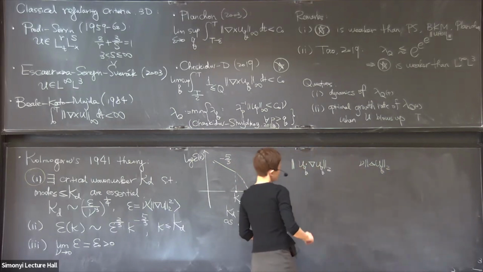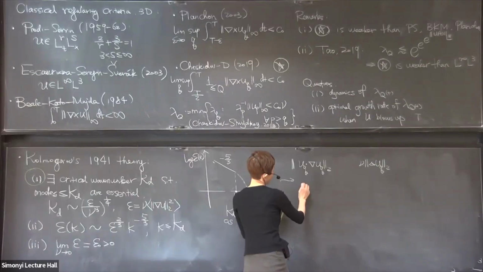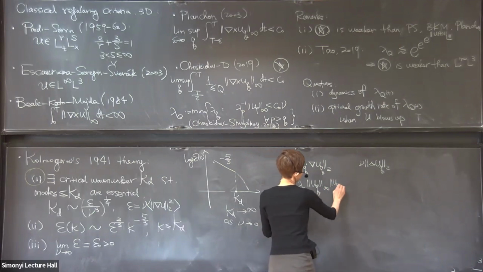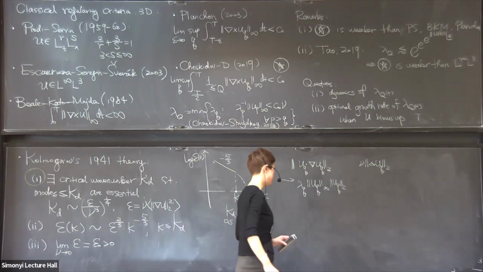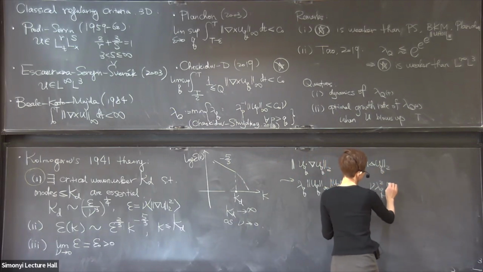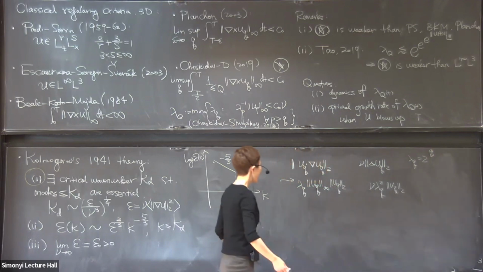Okay. And by Bernstein's inequality, first order, on the shell, the gradient is lambda cubed times the L-infinity norm, and the Laplacian gives us a square of lambda cubed. So lambda cubed is the frequency, just notation.